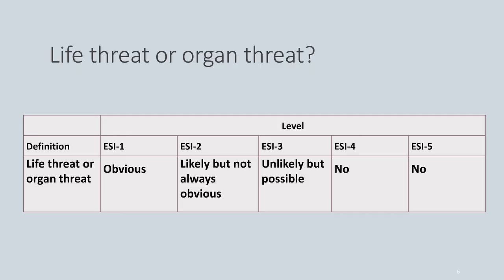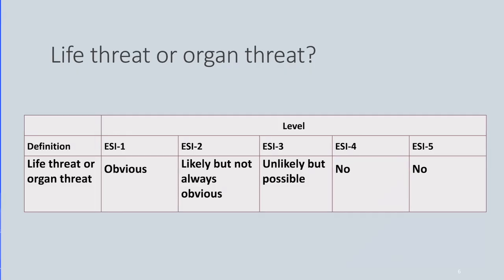Strokes can cause organ damage. ESI 3, it's very unlikely that this is going to be a life-threatening illness or cause a threat to their organs, but it's possible. ESI 4, there's no threat to life or organ. ESI 5, there's no threat to life or organ.